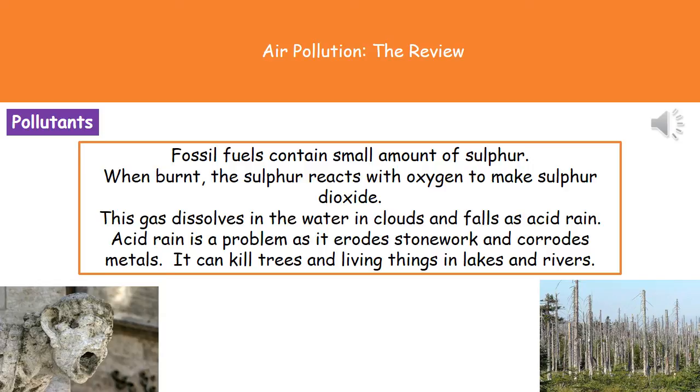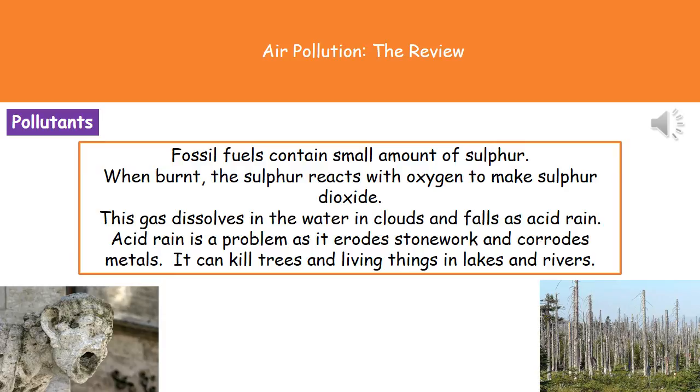Now acid rain's a pretty significant problem to us because it's going to have a few damaging effects, not only on our man-made structures but also on living things. What we're going to find is it can erode stonework and corrode metals if it falls on them, so that's our buildings that could be damaged. And if it falls on living things like trees, it can kill them, as you can see in the bottom right picture there.